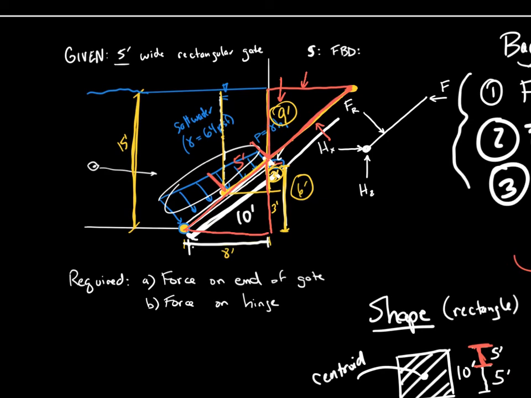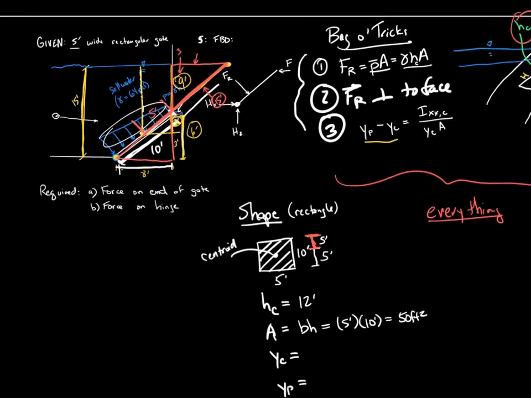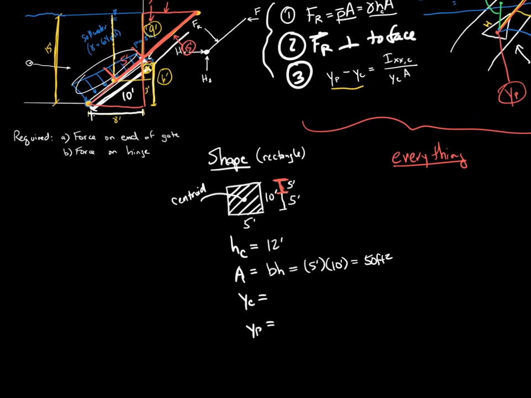So if this is the 3, 3 times 3 gives us 9. So this is going to be 5 times 3, so this is going to be 15 feet. If this is 15 feet, then I can add 5 feet here, and I'll get 20 feet. So that's one way to do this.